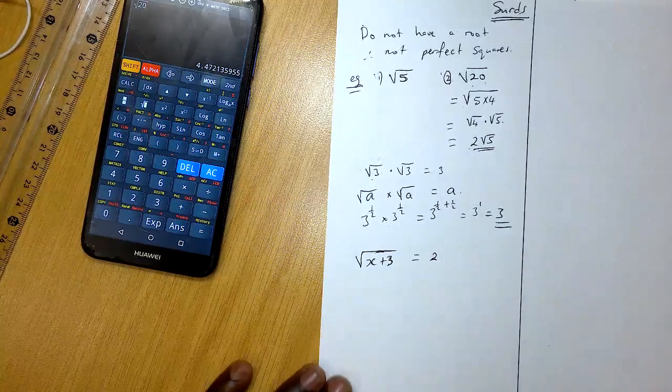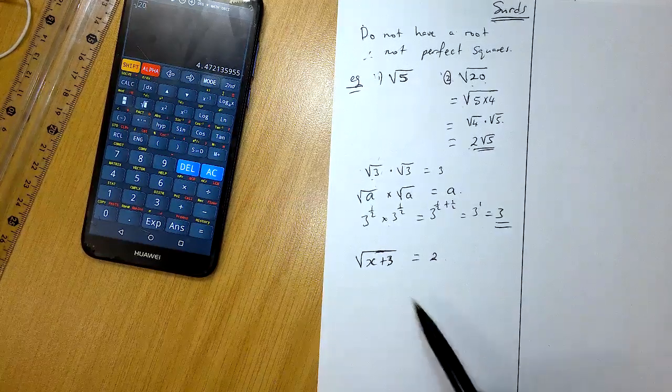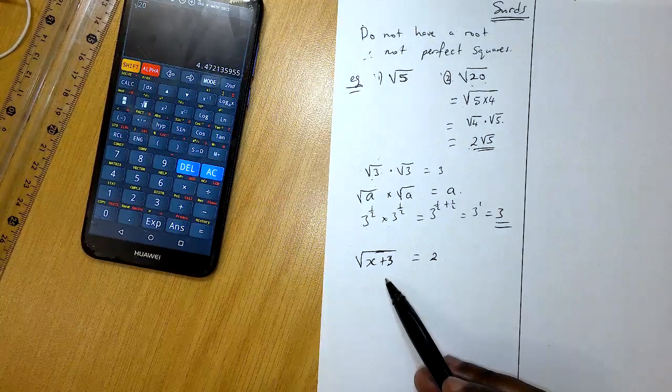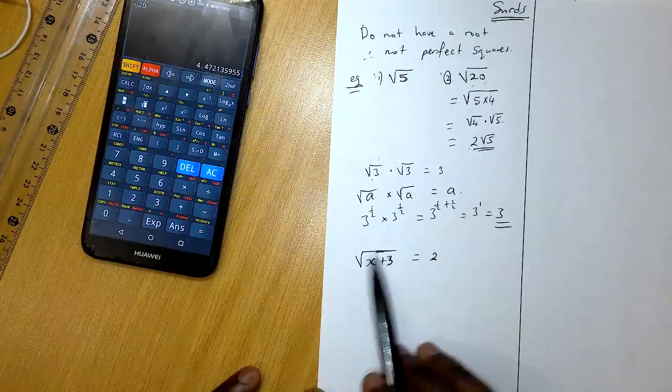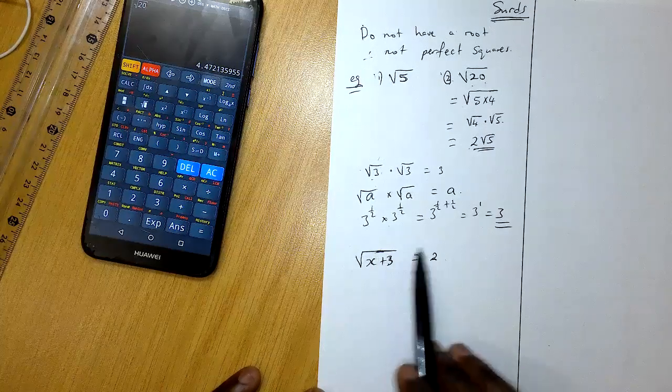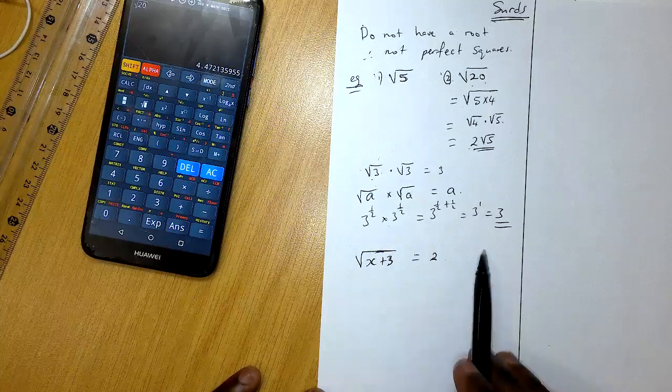When I give it something like this and you're asked to solve, these are surd equations. When you're asked to solve such scenarios, you ask, how do I remove the root sign? I need to square everything. So what do you do here?